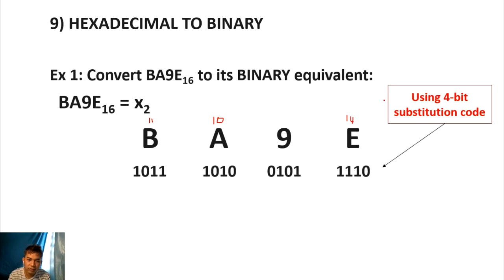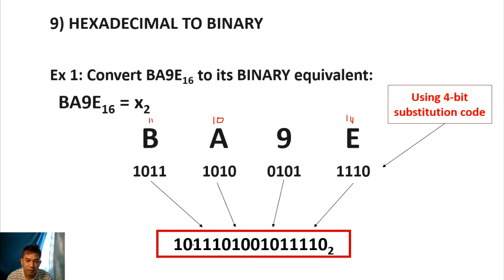So using 4-bit substitution code, ang B is 1011, A is 1010, ang 9 naman is 1001, ang E is 1110. So merge lang natin yan. So that would be now our final converted number, the binary equivalent of our hexadecimal number. So don't forget to put the base, no, para ma-identify natin kung anong klaseng number system siya.